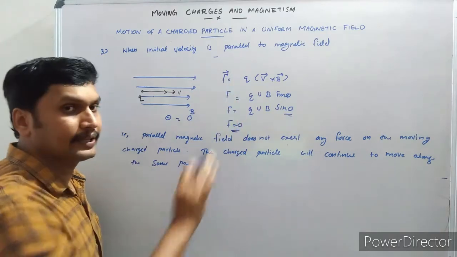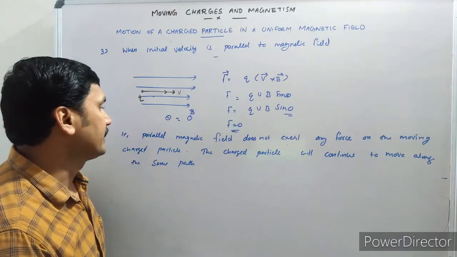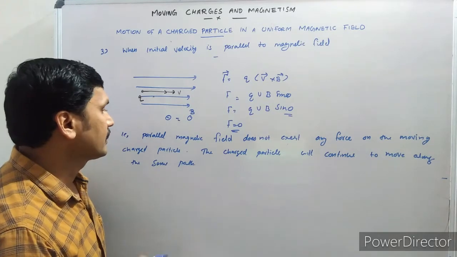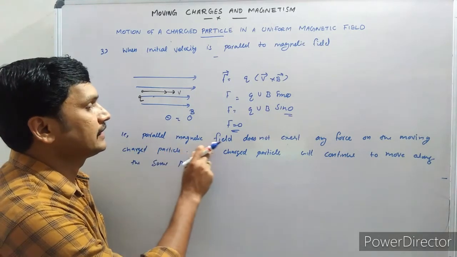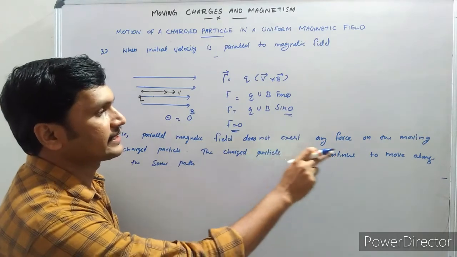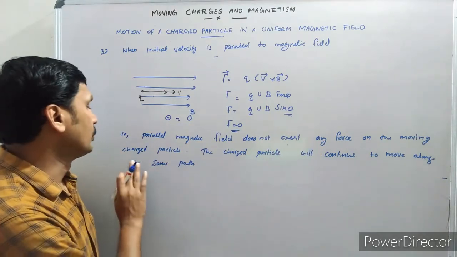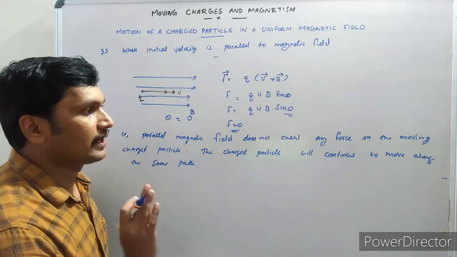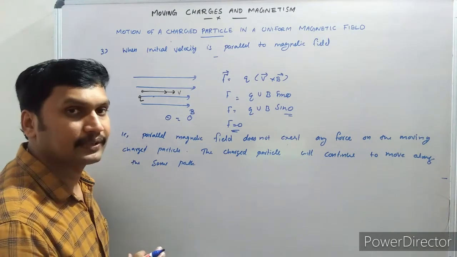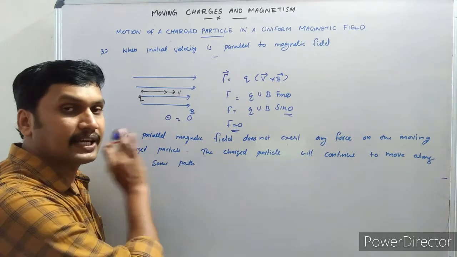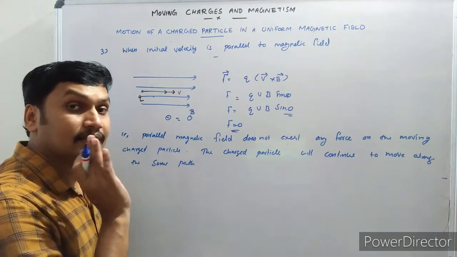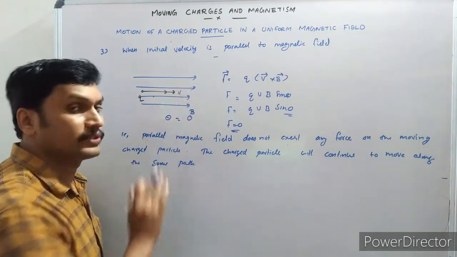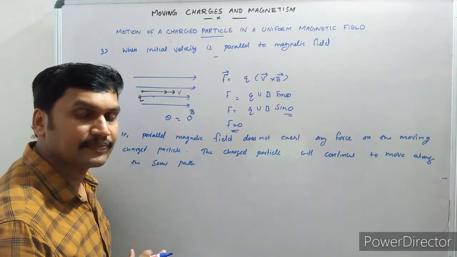So we can conclude that a parallel magnetic field does not exert any force on the moving charged particle. Thus, the charged particle will continue to move along the same path, whatever the path is, because no magnetic force is acting on the charge.